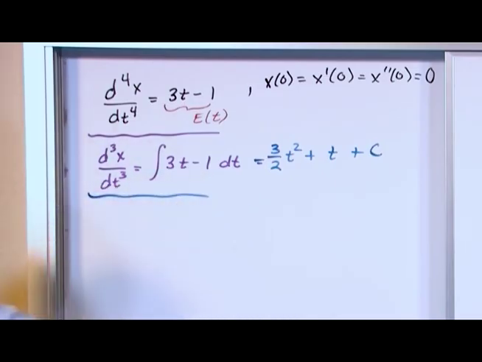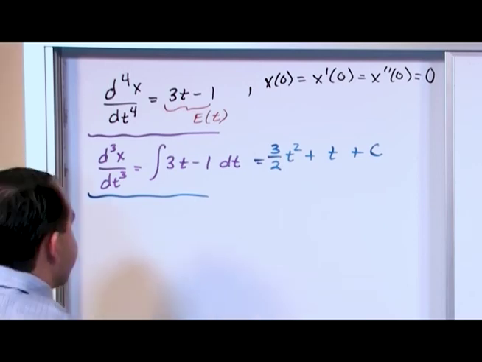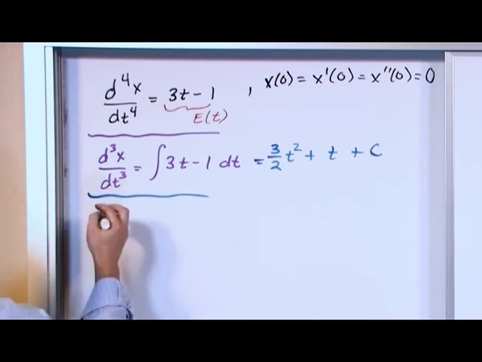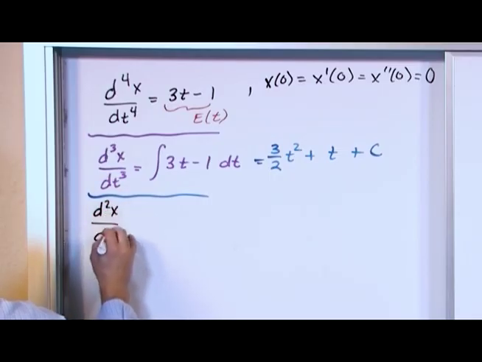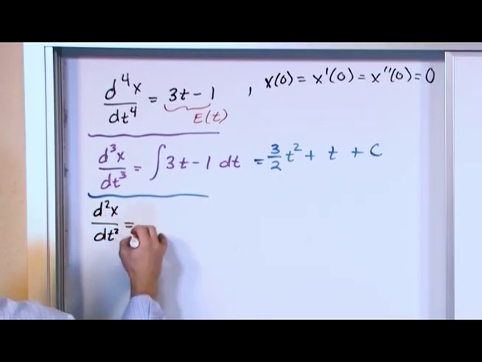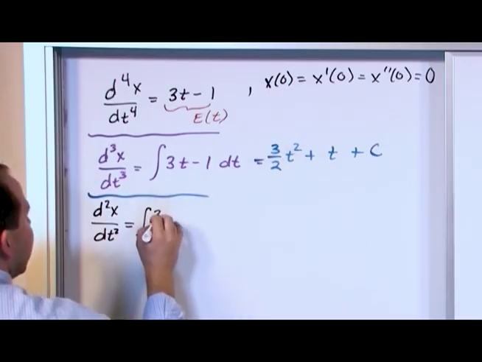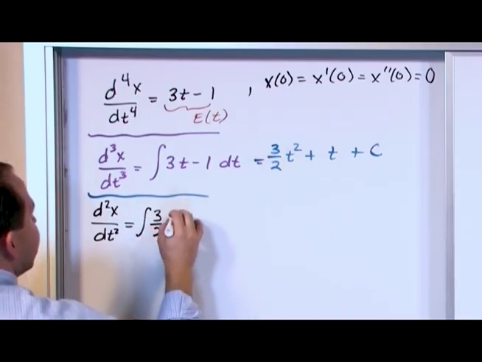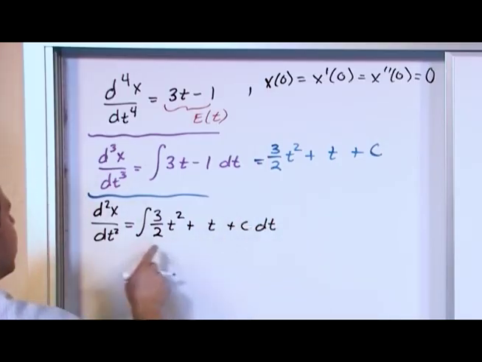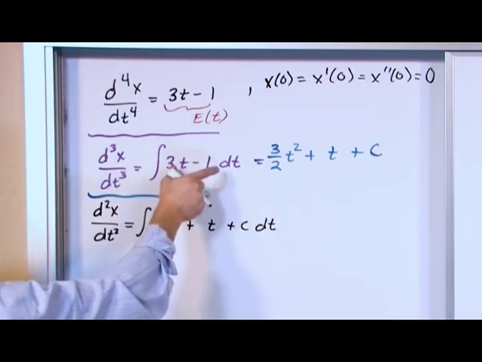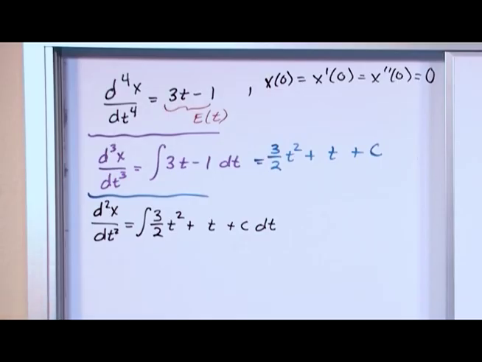So we have to keep on integrating to make any progress. So the second derivative, d squared x dt squared, is going to be the integral of what we just got here. So I'm going to write it out again so nobody's lost. 3 halves t squared plus t plus a constant dt. So the second derivative is the integral of what we just got back, which is the third derivative there.